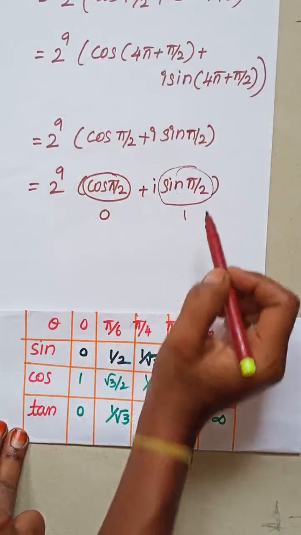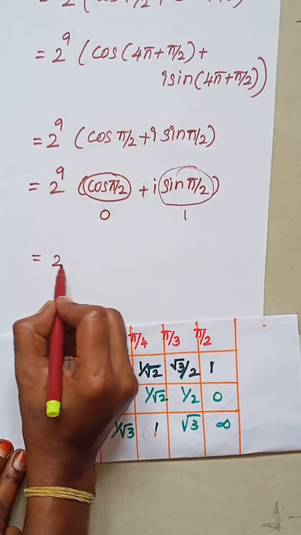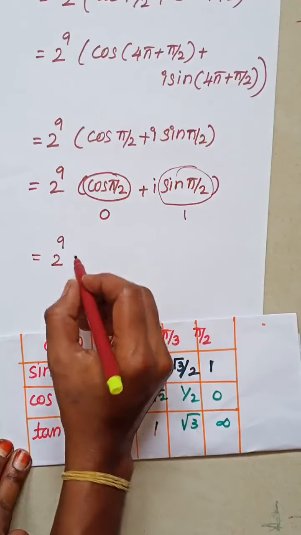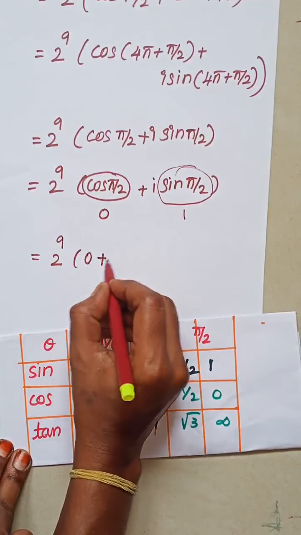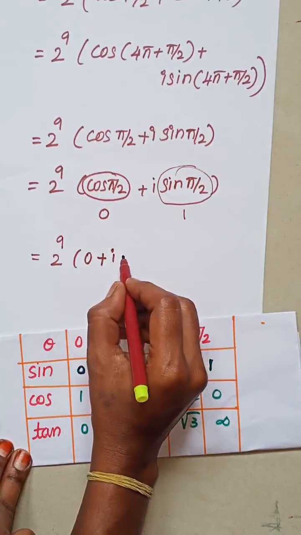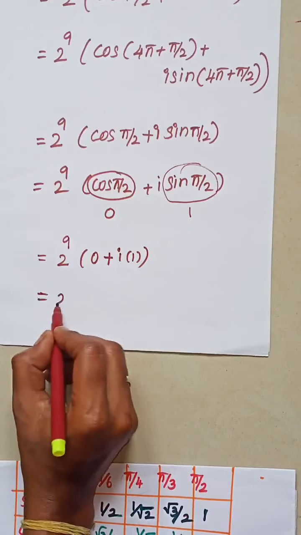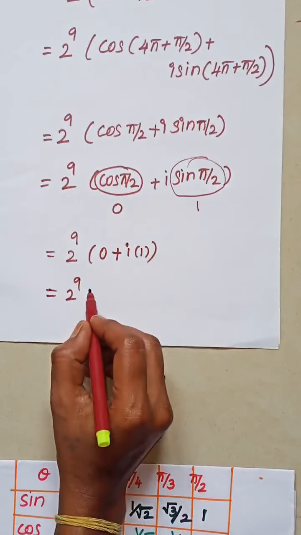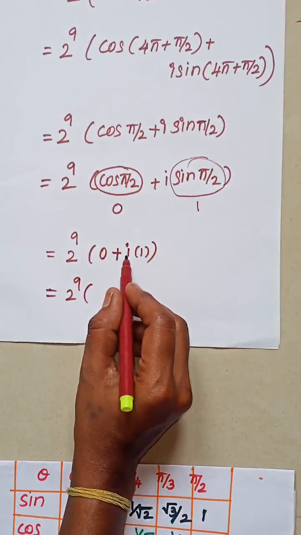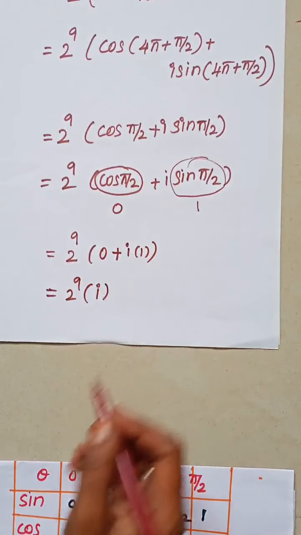So 2 power 9 into (0 plus i into 1), which is 2 power 9 into 0 plus 1 into i is i. So i.